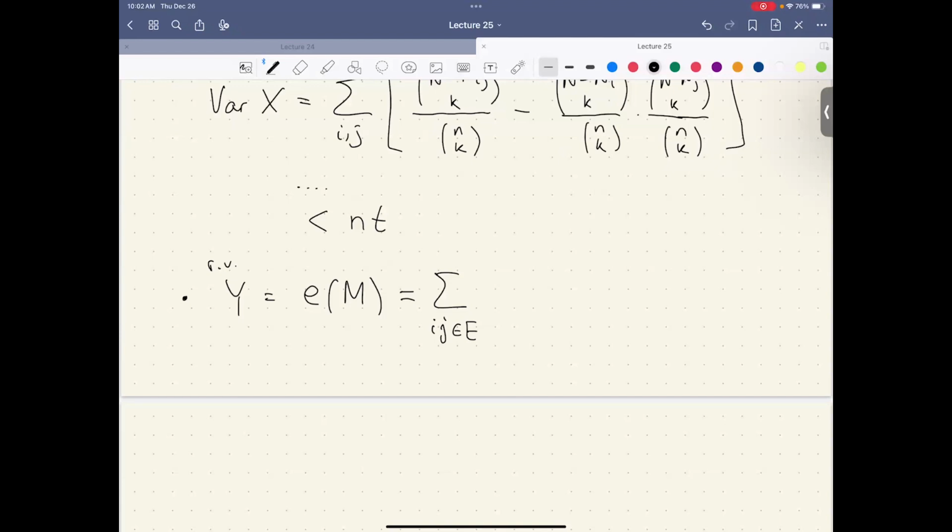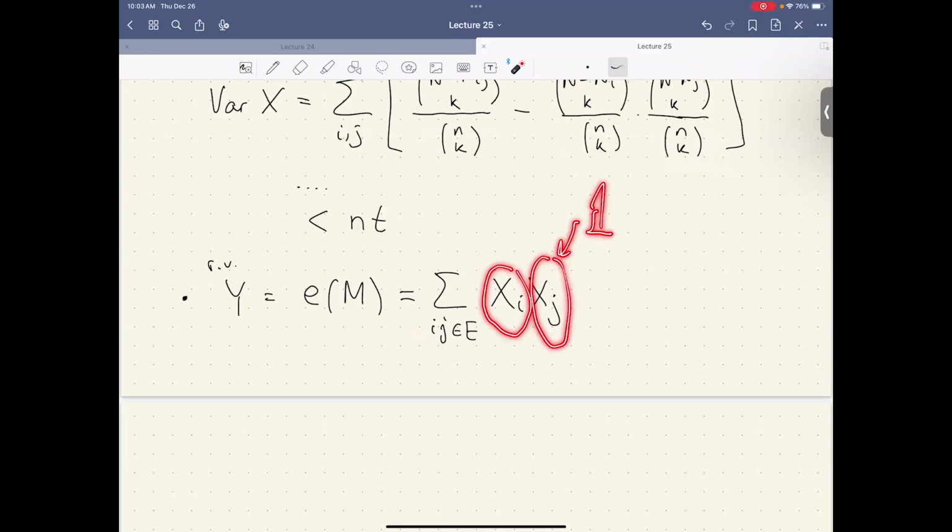The indicator function, it's actually just this, right? Xi, Xj, summing over all edges ij. You need both endpoints. Recall, this is the indicator function for a vertex to be in M. So you need both of them to be in M, then it's counted. That's it.